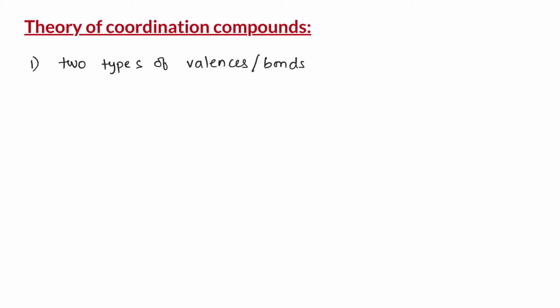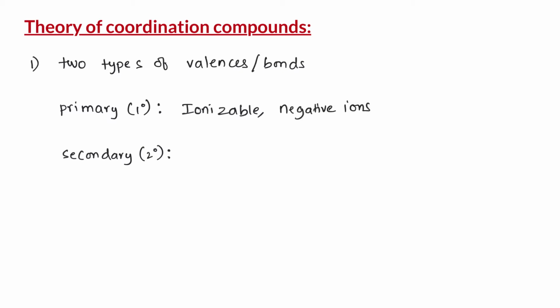1. The transition metals in the coordination compounds form two types of bonds, or he called them valences: primary valence and secondary valence. He said that the primary valences are ionizable, and these are satisfied only by negative ions.